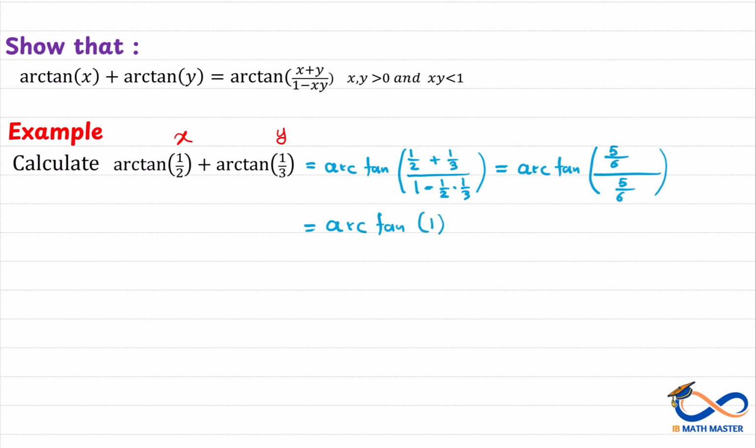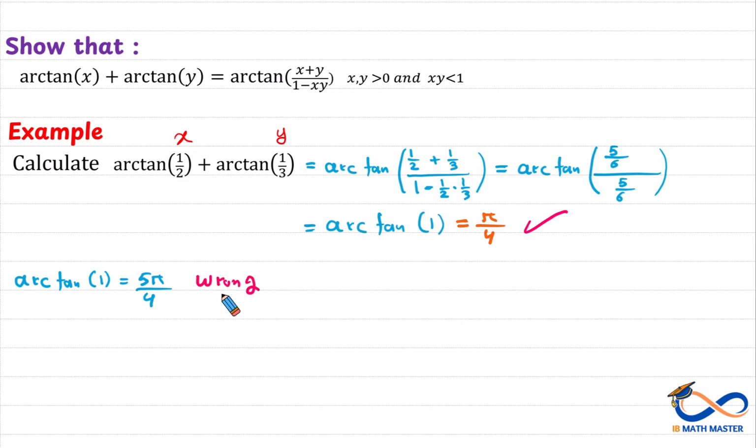And as we know, arctan 1 is pi over 4 radians or 45 degrees, because tan pi over 4 is equal to 1. Now someone might say, but also tan 5 pi over 4 is 1. So here another possible answer would be 5 pi over 4, like this.